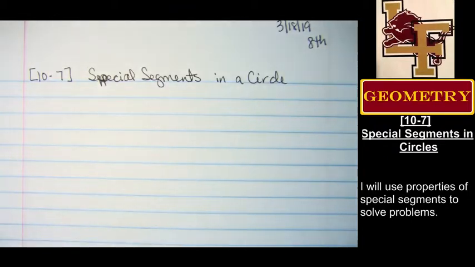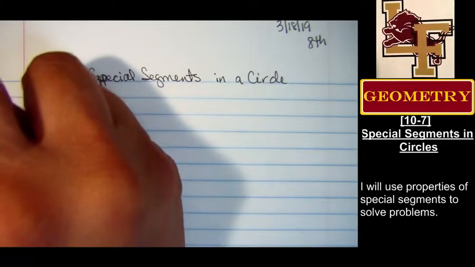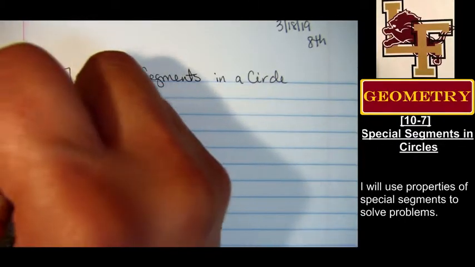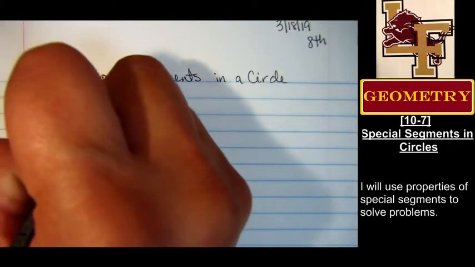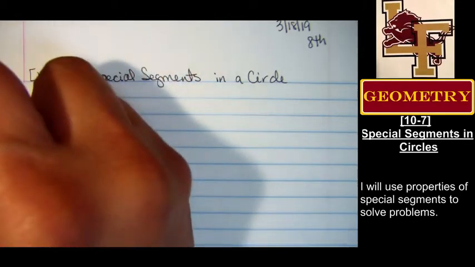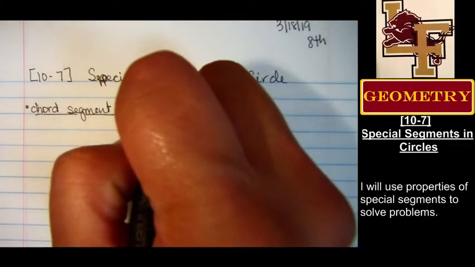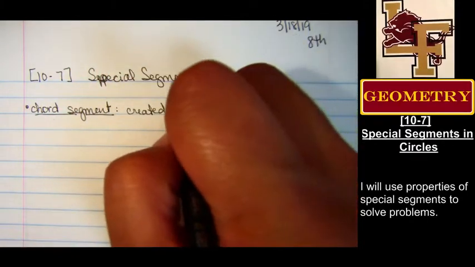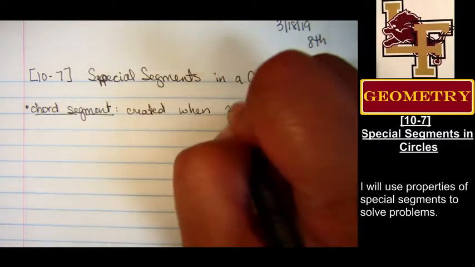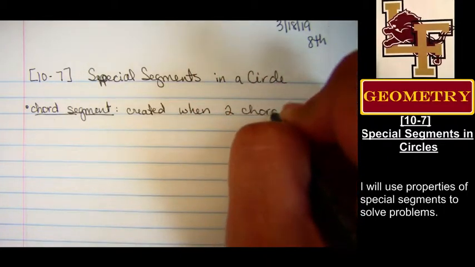Before we get into the first big theorem today, let's clear up a new vocabulary word. This word is chord segment. A chord segment gets created when two chords intersect inside of a circle.